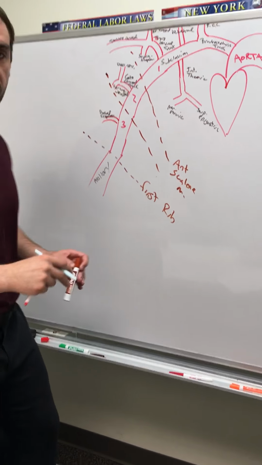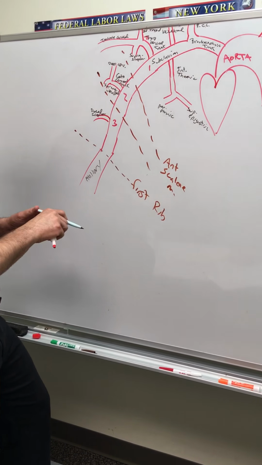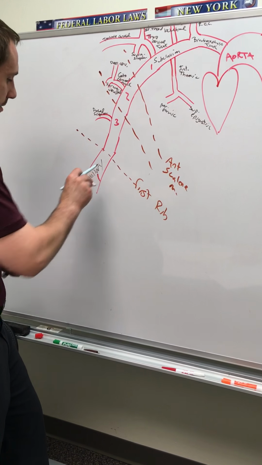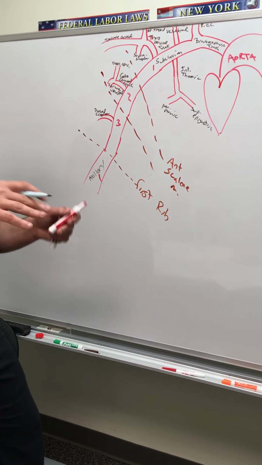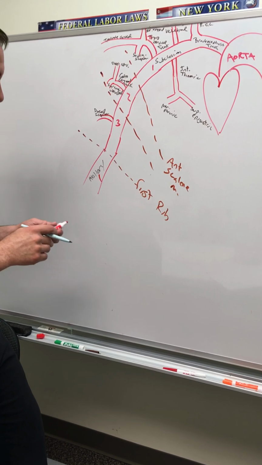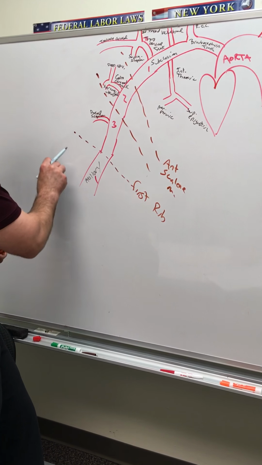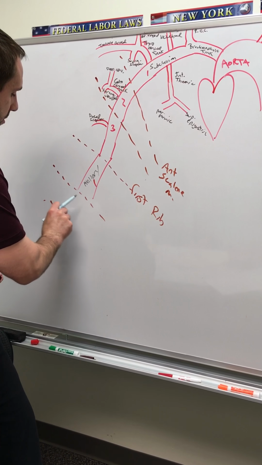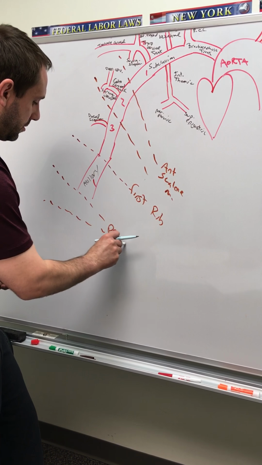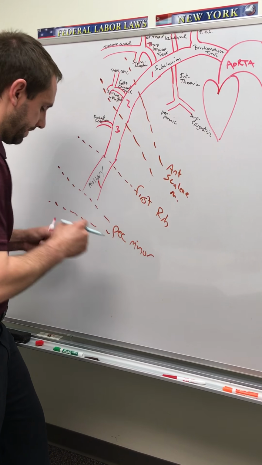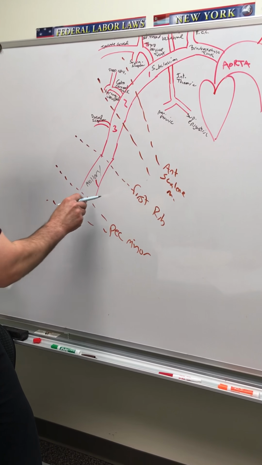And similar to the subclavian artery, we have three parts. We have a part that is proximal to a muscle, a part that's underneath a muscle, and a part that's distal. And the muscle itself is the pectoralis minor. So part 1 there, proximal to it.